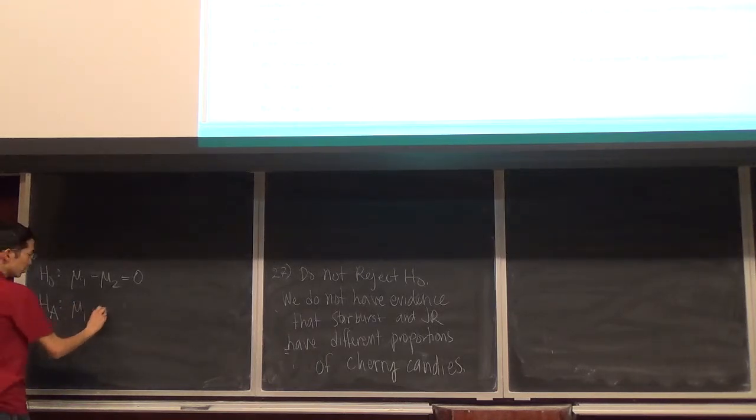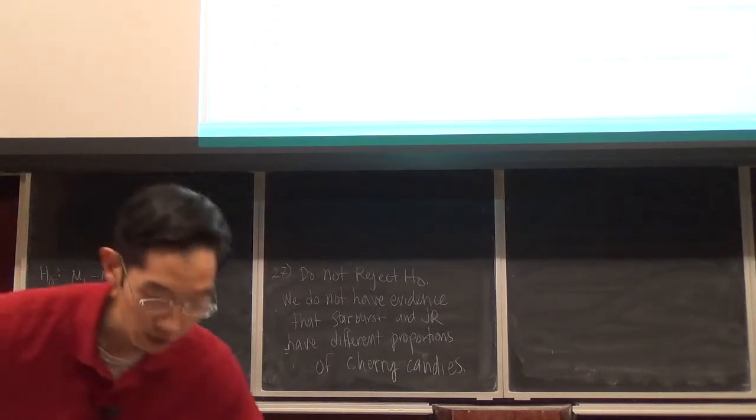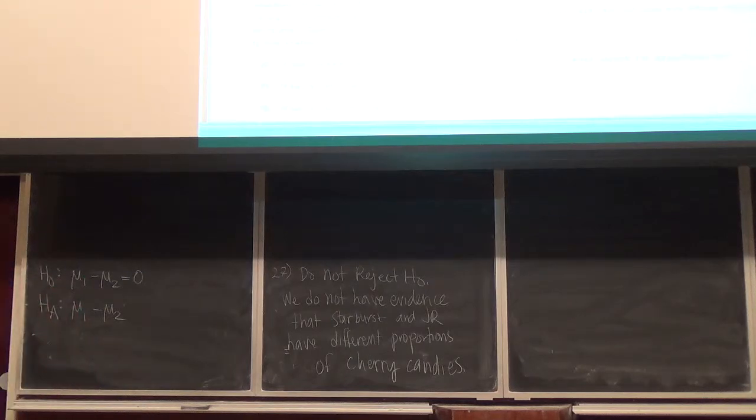So should mu1 minus mu2 be greater than 0 or less than 0? Greater. Okay, what does it mean to improve your reaction time? Do you get faster or do you get slower? Faster. So does it take you more time or less time to react?